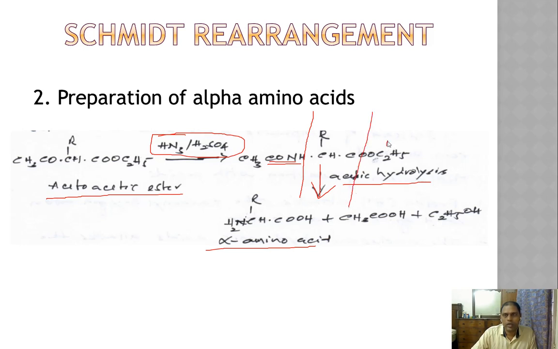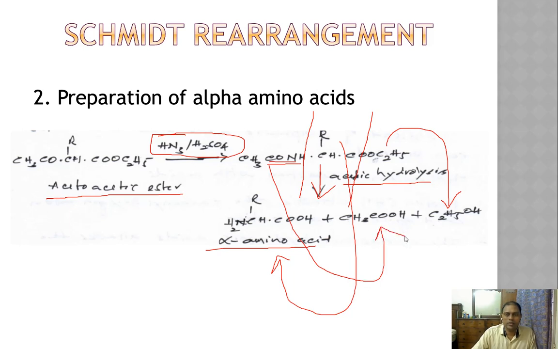So you're going to get alcohol over here, ethyl alcohol, and from here you're going to get this alpha amino acid, and from this you are going to get acetic acid.